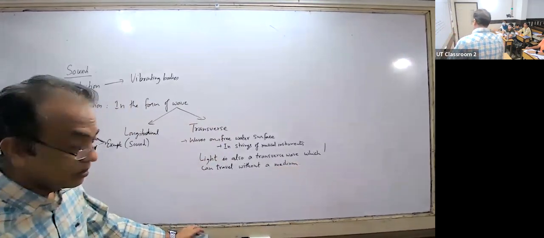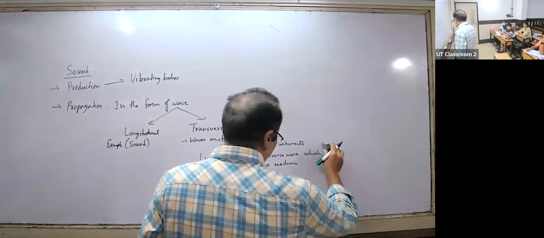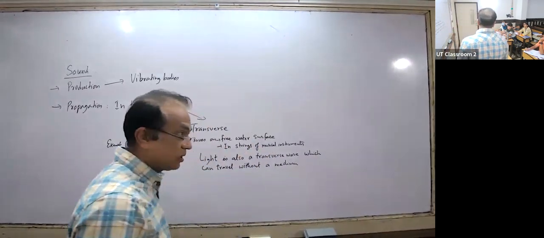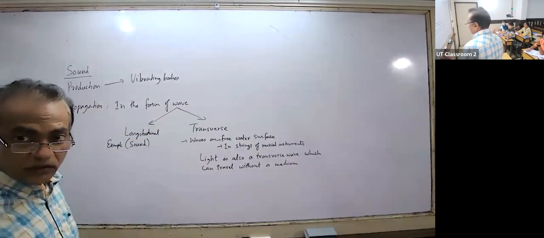Okay. So light is also a transverse wave, but there is no medium needed. Can it travel through a medium? Yes, because light can pass through glass. Okay. So what is the difference?